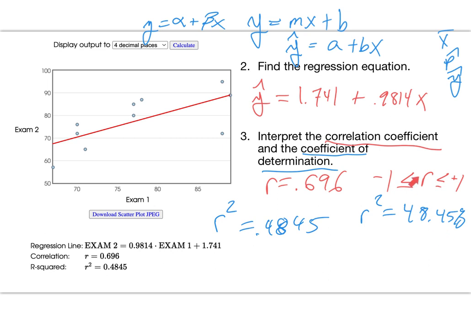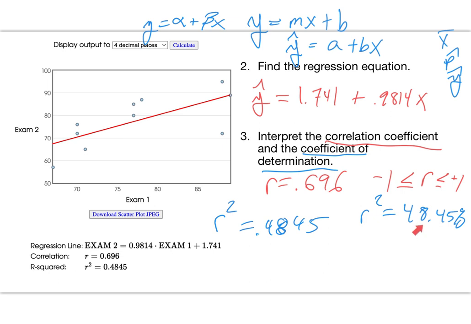48.45% of the variation in my expected exam values can be attributed through this equation to the variation happening in exam 1 values. So 48.45% of the variation that we see in expected exam scores can be attributed to the variation in exam 1 scores through this equation.